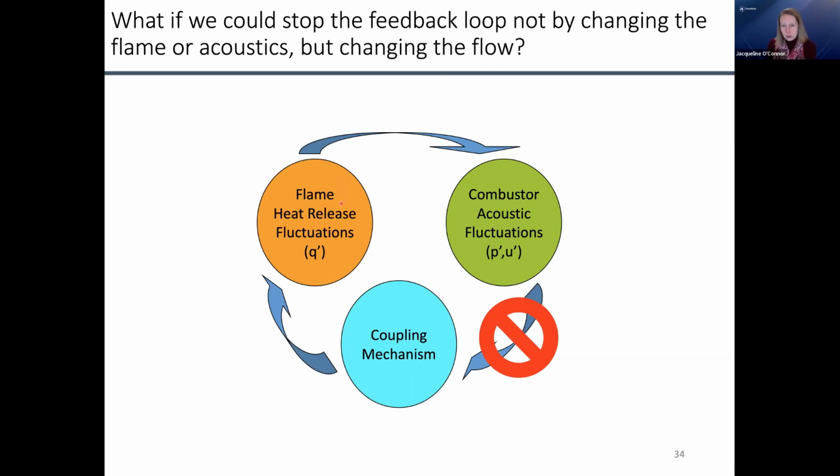And the use of fuel staging and piloting. Not all pilots look like central jet pilots. Some of them are rings, there are a lot of different designs for pilots. But this redistribution of fuel to either reduce the sensitivity of the flame to perturbations or dephase the flames relative to each other, those are both very common methods of instability suppression in real engines.